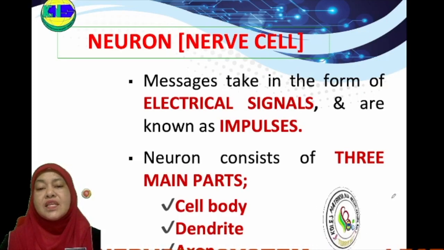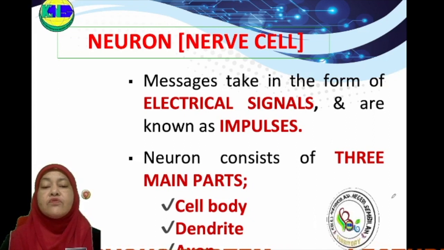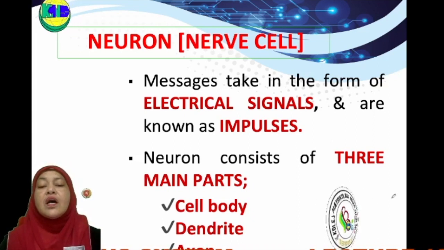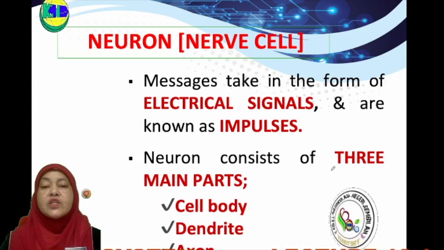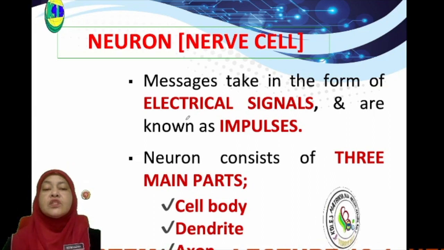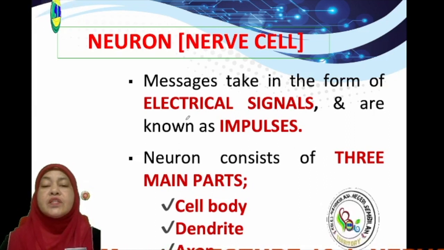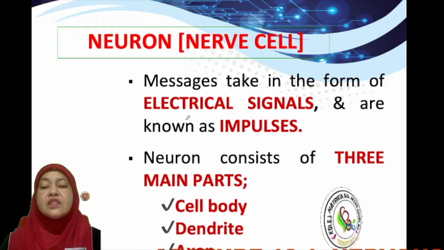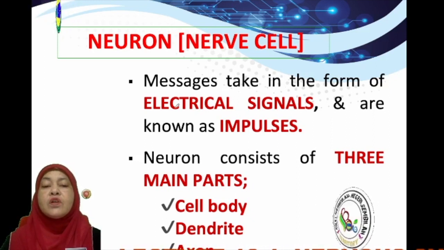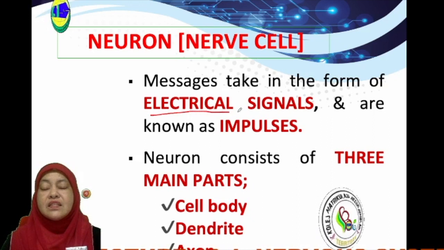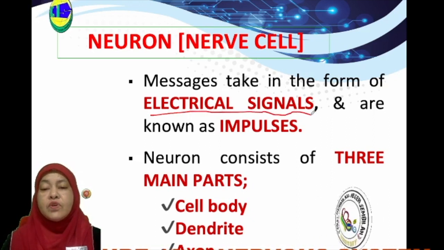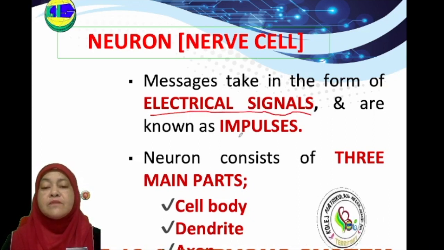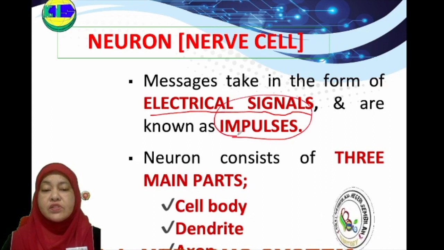Let's see what the function of the neuron is and what the structure of the nerve cell is. Messages in our body are in the form of electrical signals, and we use the specific term impulse.